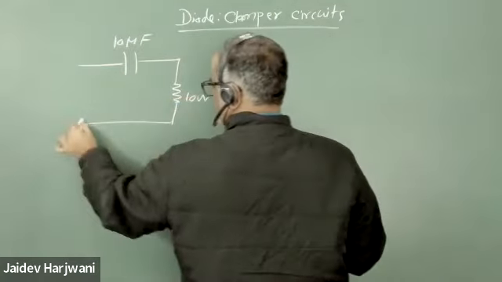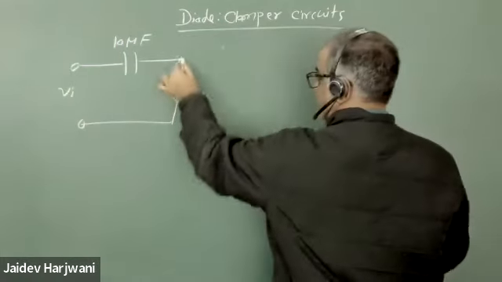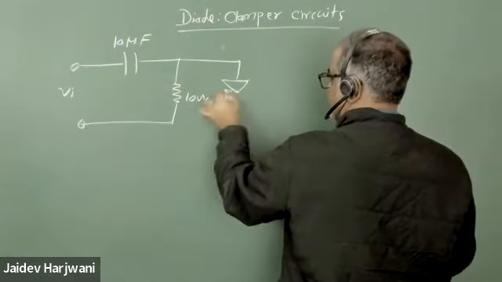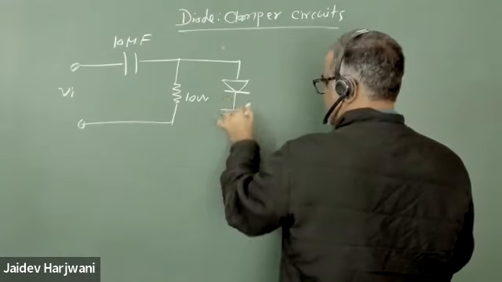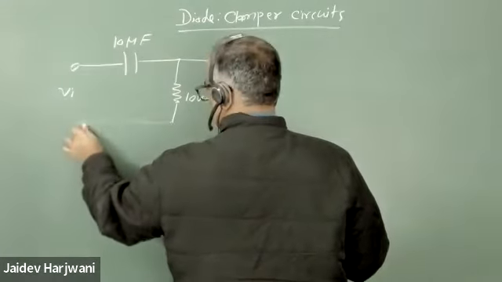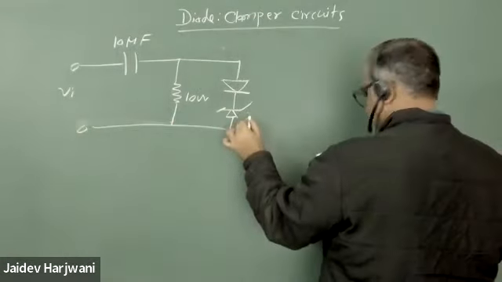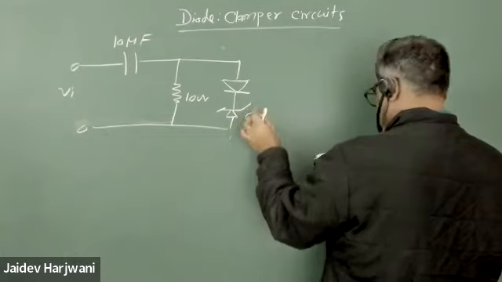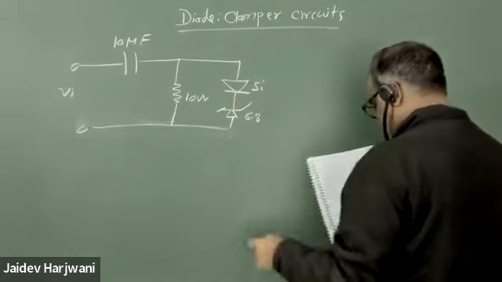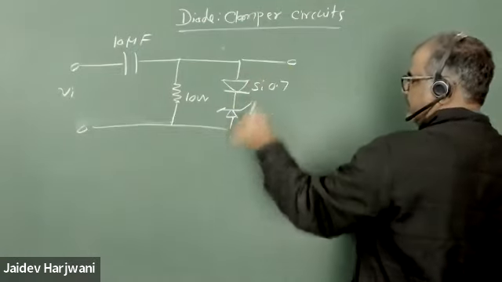This is your V input, and this is your diode. So this is given as a Zener diode of 6.8 volt, and this is silicon. You take 0.7 for this one. And here you are taking the output.